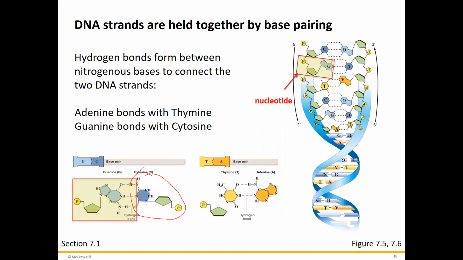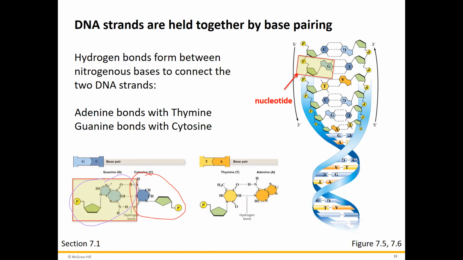This is cytosine, and this nucleotide is guanine. So we have two actual nucleotides, and they have this one in a box. So there's the second nucleotide. Here is the phosphate, the sugar, and the nitrogen base.